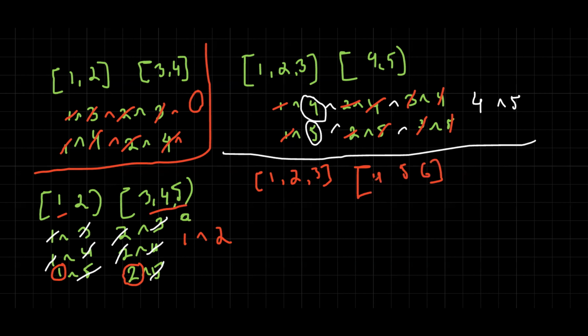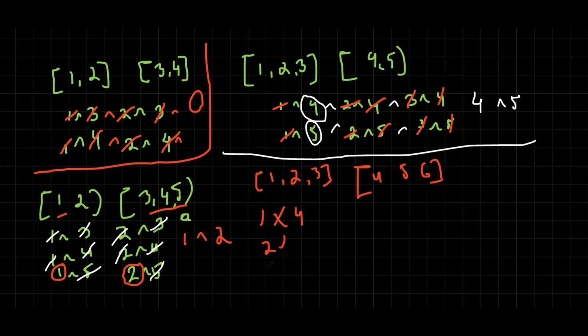Now there will be 3 multiplied by 3, 9 combinations. Sorry, I have maybe forgotten the pattern.